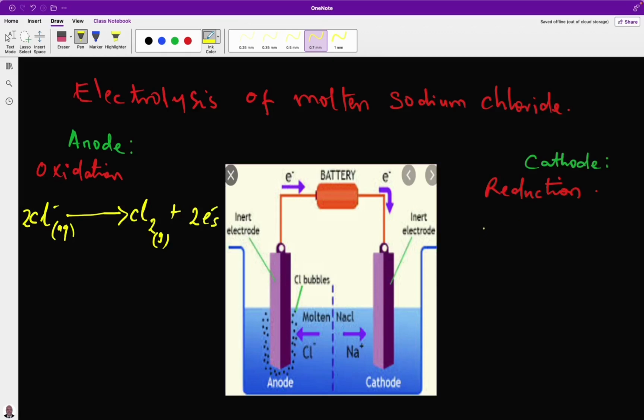So what happens? The sodium ion is positively charged, so it must do what? Sodium must gain back the electrons. The sodium ion must get back that electron to be deposited as a metal at the cathode.